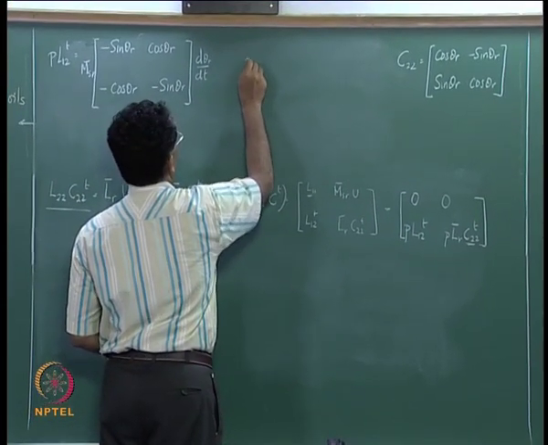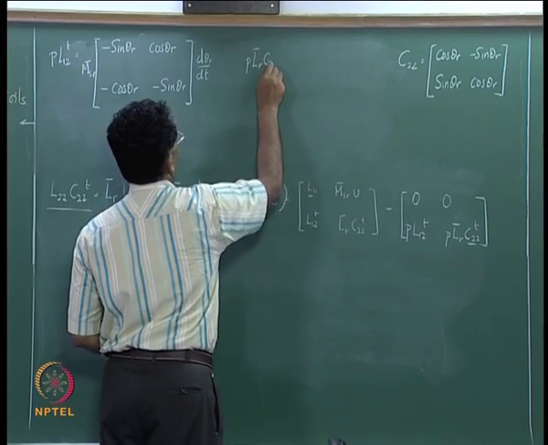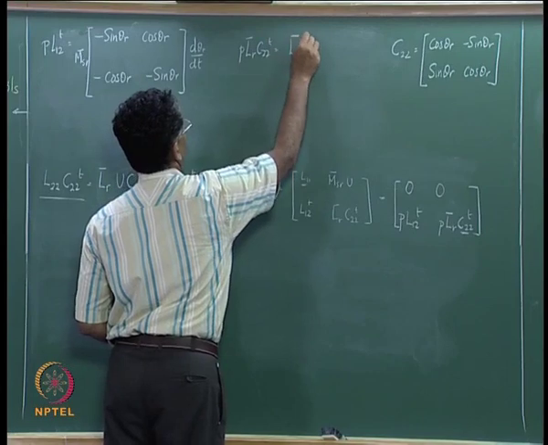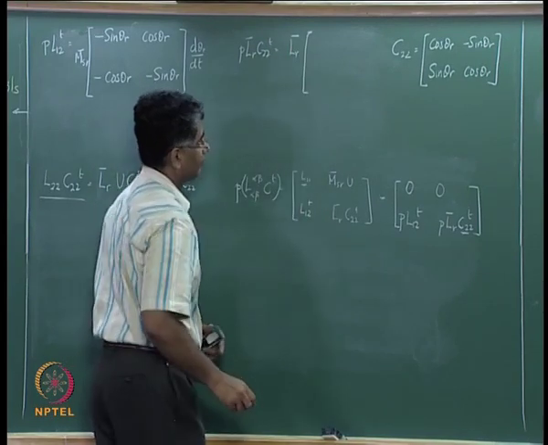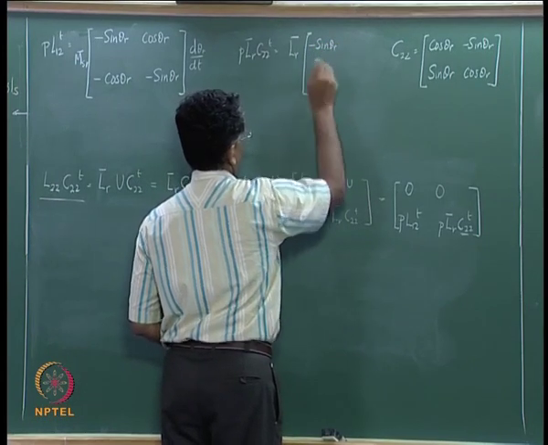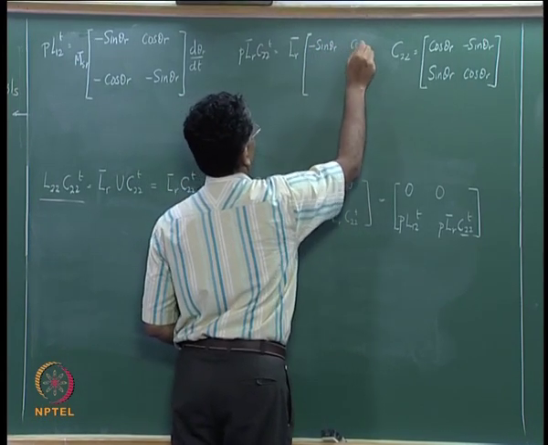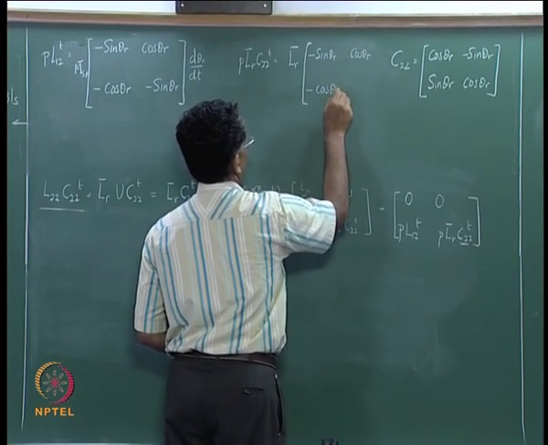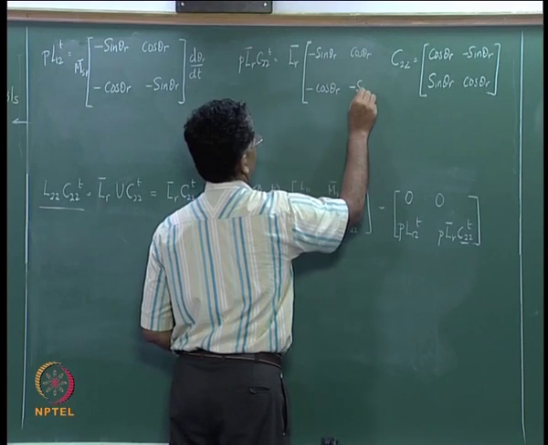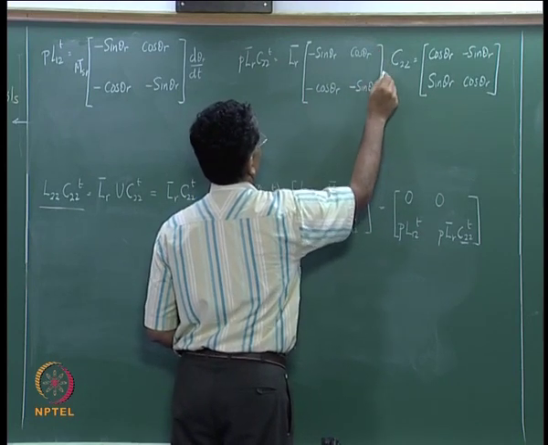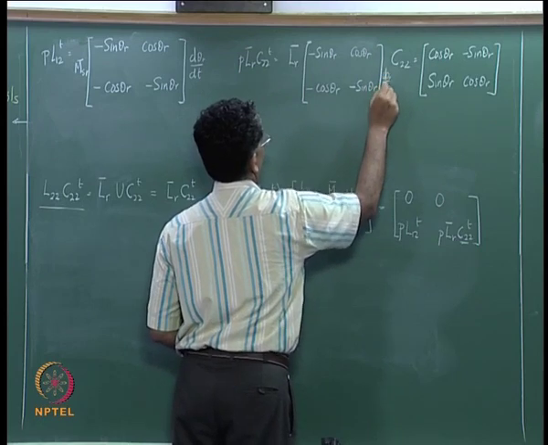So P LR bar into C22 transpose is then LR bar multiplied by cos theta r, derivative is minus sin theta r, and then cos theta r here, minus cos theta r and minus sin theta r, multiplied by d theta r by dt.